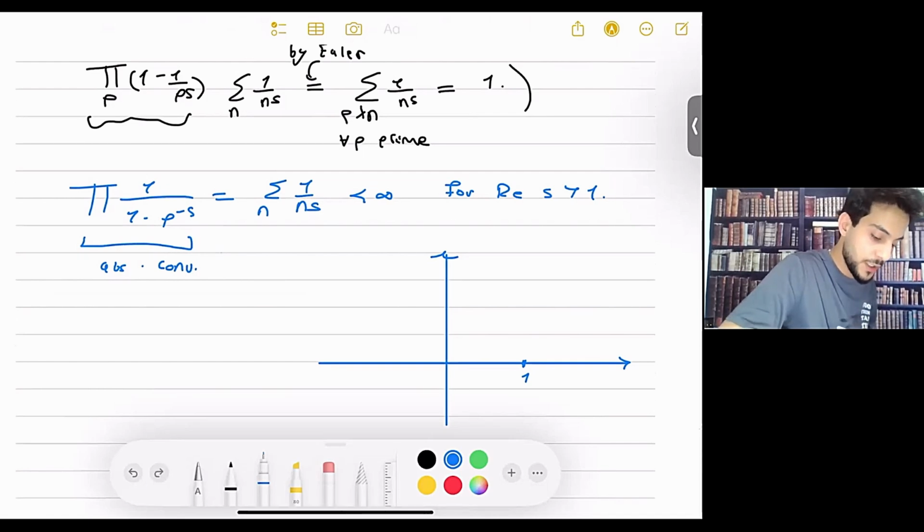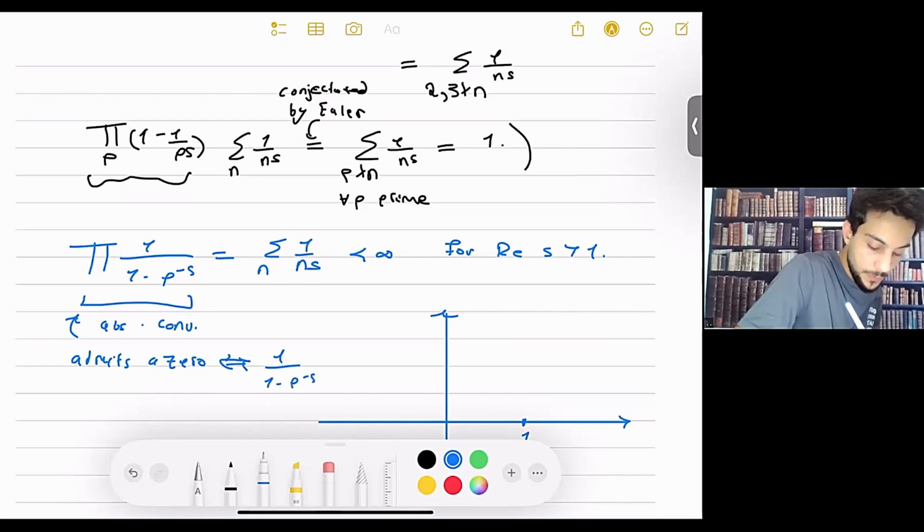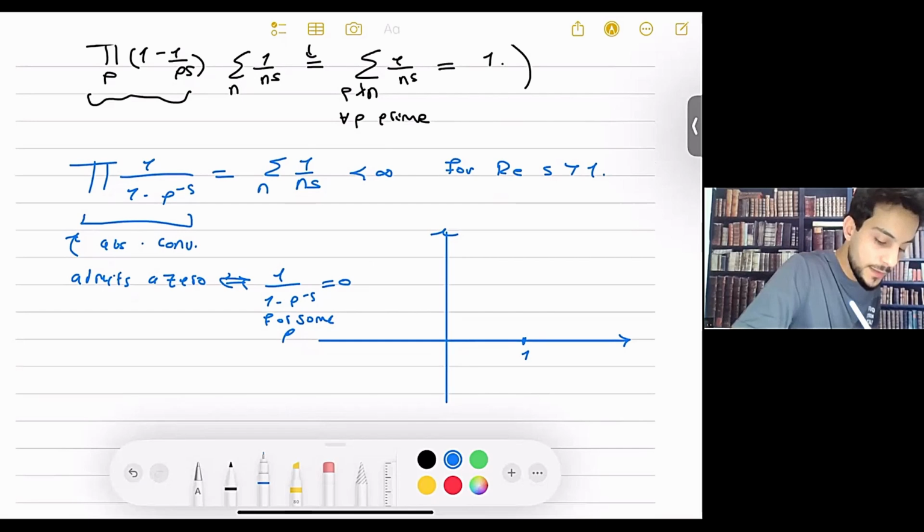So let me state that this admits a 0 if and only if, for some p, the factor is 0, but this doesn't happen.